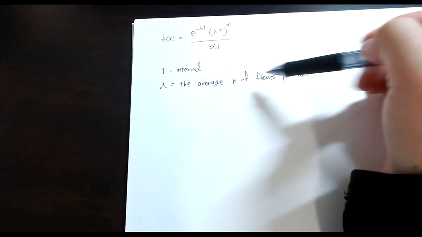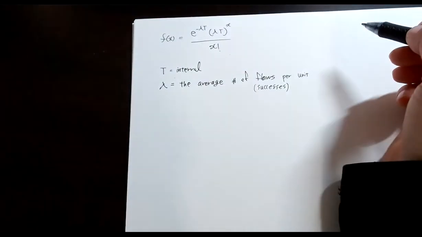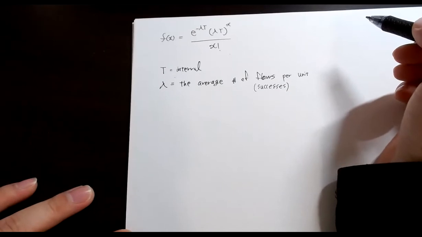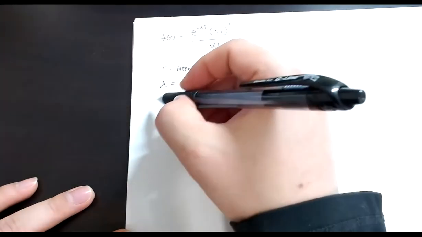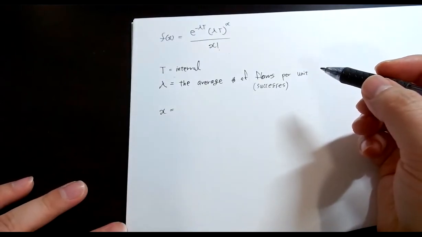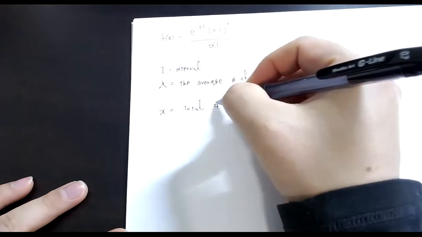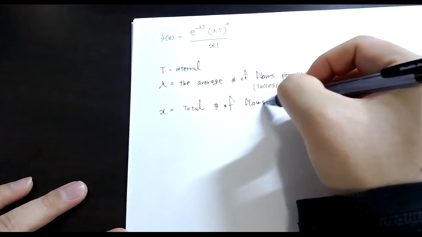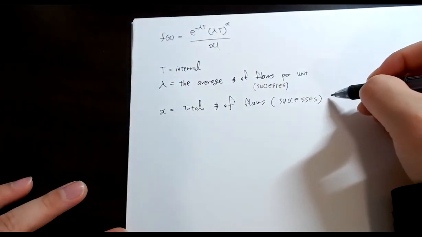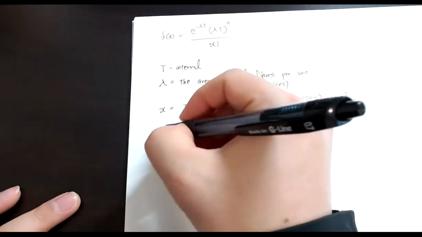Lambda is the average number of flows or successes per unit, maybe per millimeter or meter, or per hour. The x is the total number of successes or flows in t.